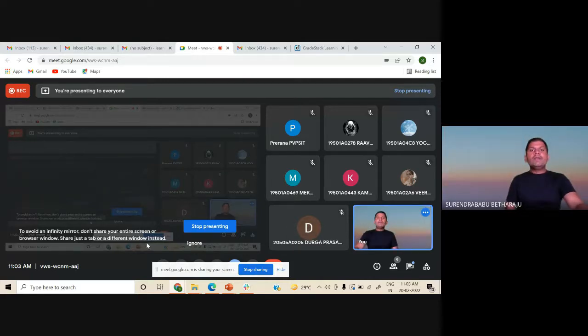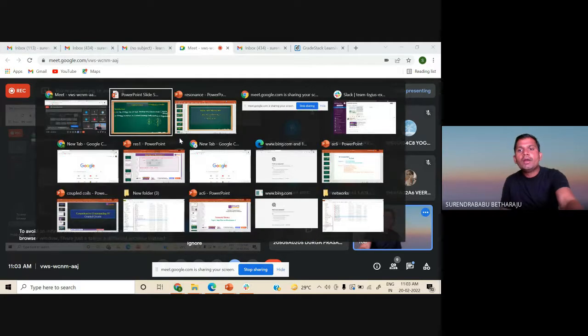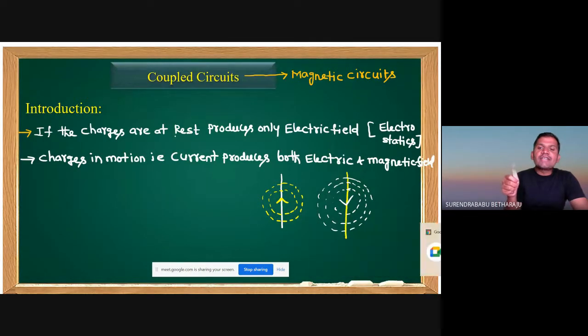Now tell me, how do we apply the right hand thumb rule or screw rule? I think all of you know this one. If it is a straight conductor, the thumb indicates the current direction, and the curled fingers indicate the flux direction. Clear?